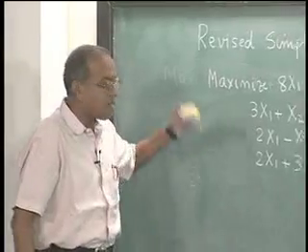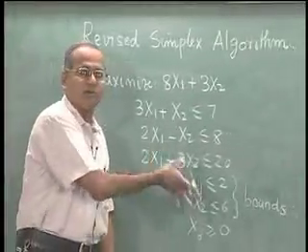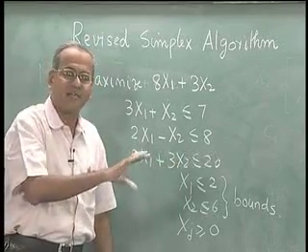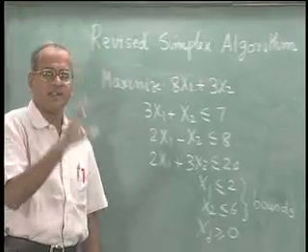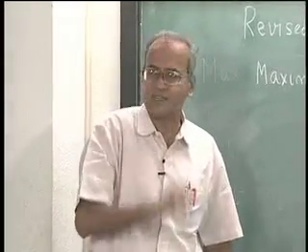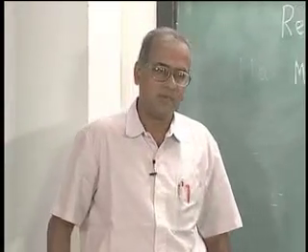So, can simplex be modified in such a manner that if there are bounds, these bounds are not treated as constraints, they are taken separately and only the resultant constraints are solved, which also means that a constraint is a constraint when it involves more than one variable.